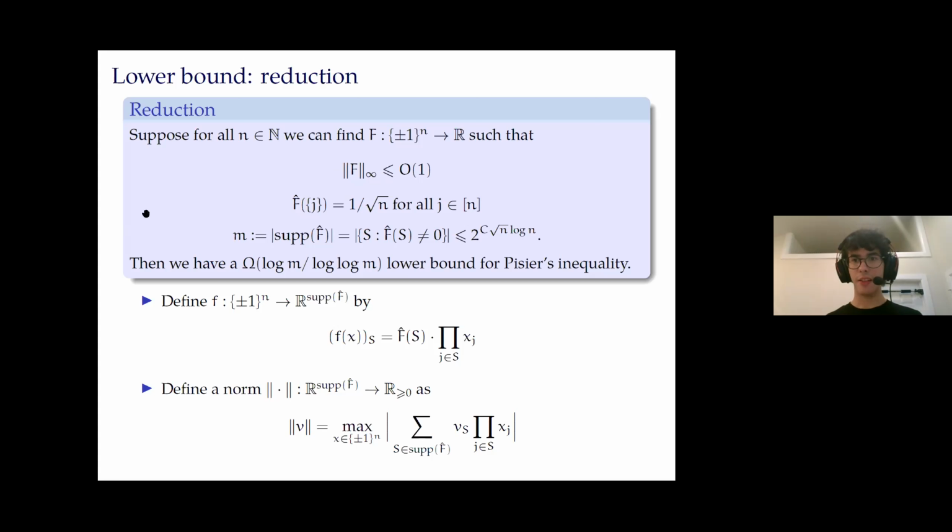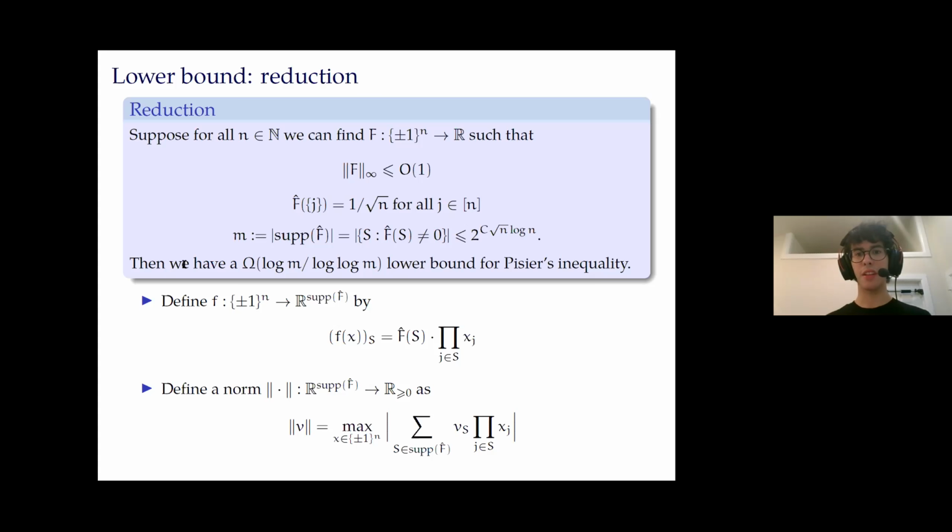And the Rademacher projection part is also going to be basically n times 1 over square root n, because each of these singletons is 1 over square root n. And that is large because we have this lower bound of log m over log m in n.